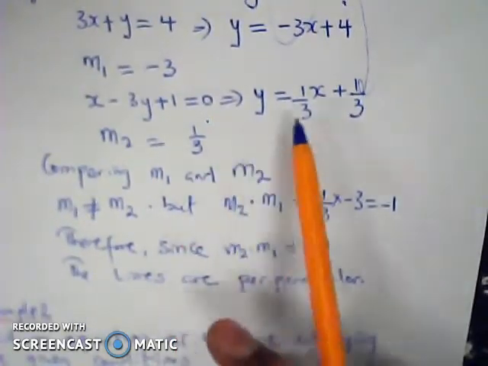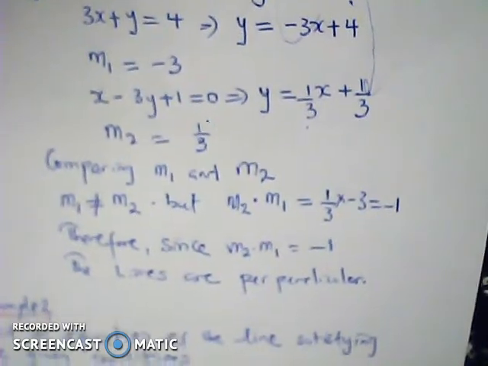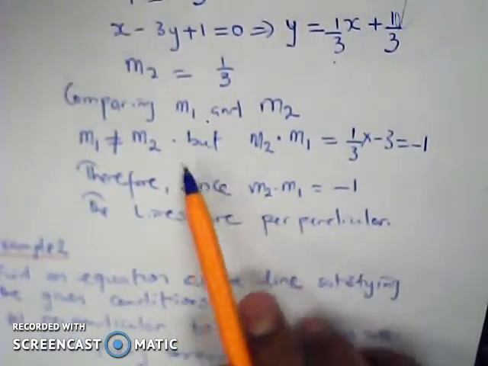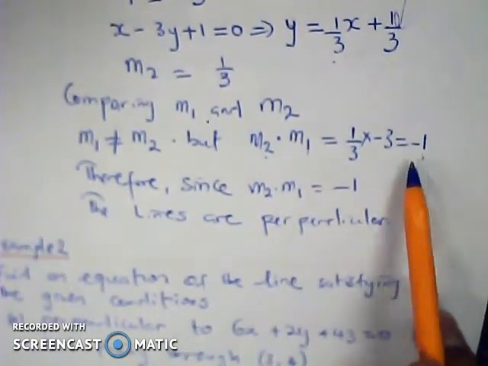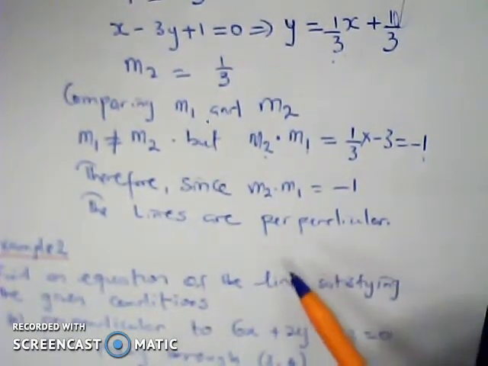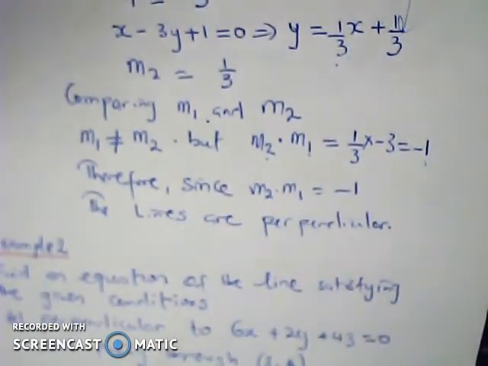Then m1 is not equal to m2, therefore the lines are not parallel. Also, if I multiply m1 by m2, I get -1. So we can conclude that these two lines are perpendicular to each other.